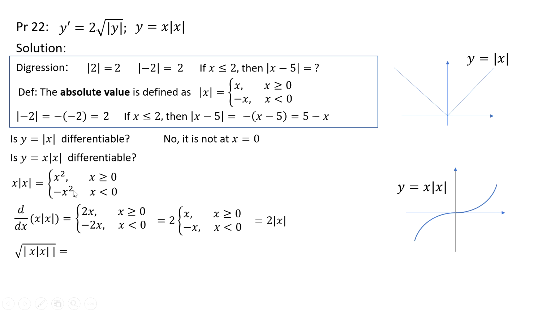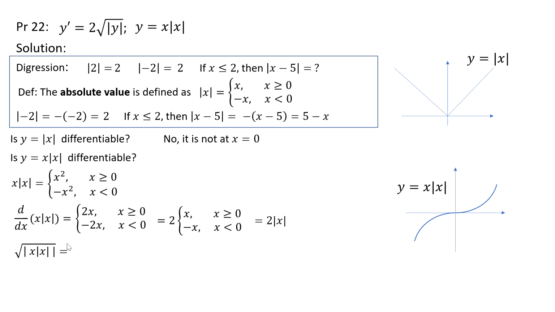The whole point is, whether x is greater than or equal to 0 or x less than 0, the absolute value of x times the absolute value of x is just x squared. So we are taking the square root of x squared. What is the square root of x squared? Don't make a mistake now.